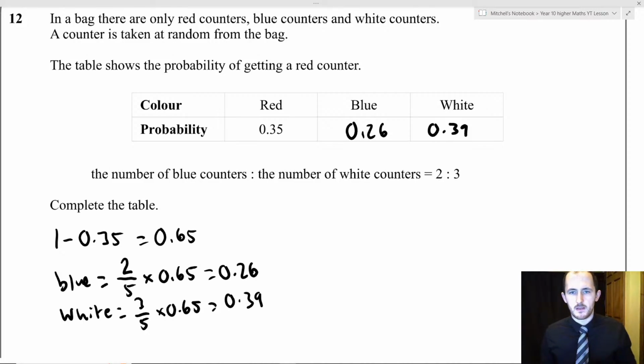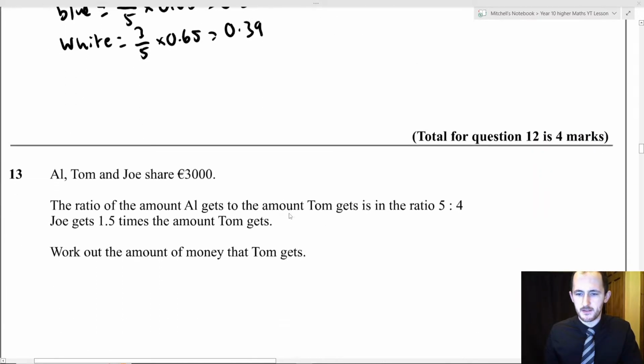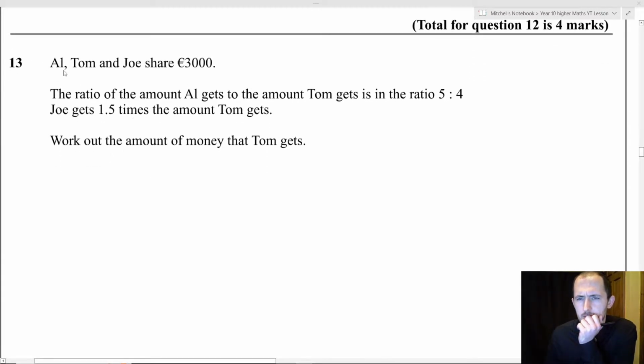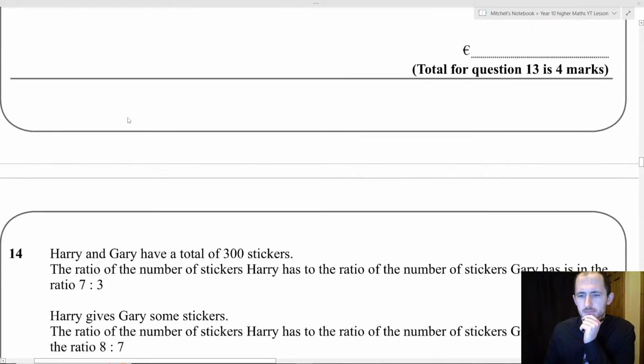Okay. Is that still easy? Probably. The ratio of 5 to 4. I think this one's fine. Wait, let me read this question again. 3,000 euros. Yeah, this is fine. This would be fine.